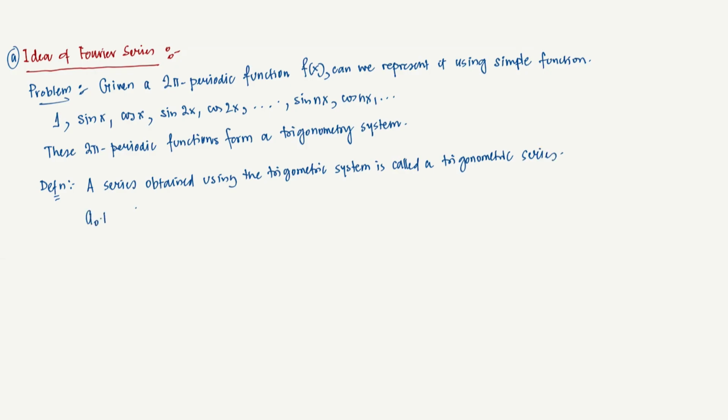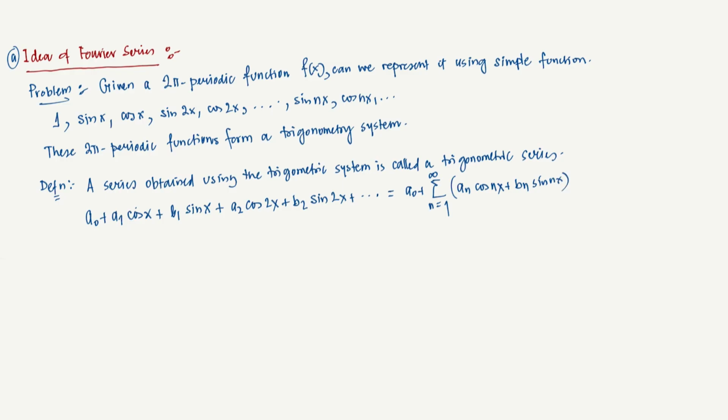We are looking for something like this: a0 plus a1 cosine x plus b1 sin x plus a2 cosine 2x plus b2 sin 2x, and it goes on, right? You can make a shorthand notation of it. You can write it like this: sum from n equals 1 to infinity of an cosine nx plus bn sin nx. Yes, so that's a trigonometric series.